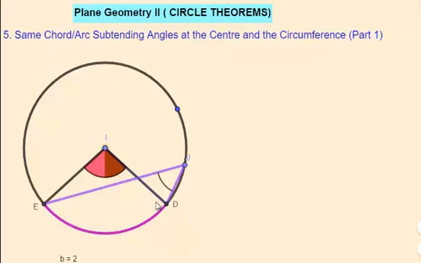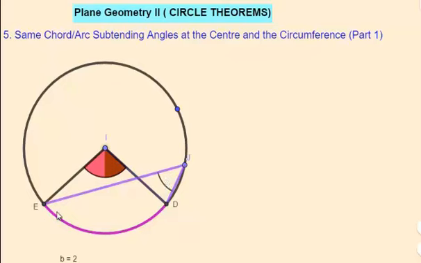But looking at how small the angle at the circumference is, you may think that the same thing doesn't happen. But let me tell you that provided one of the angles is at the center and one is at the circumference, the same thing happens.